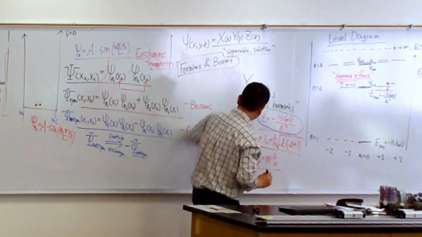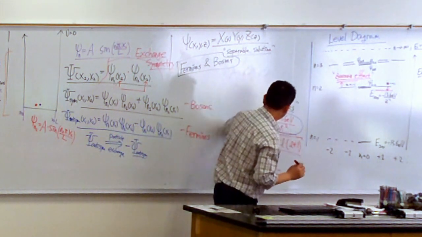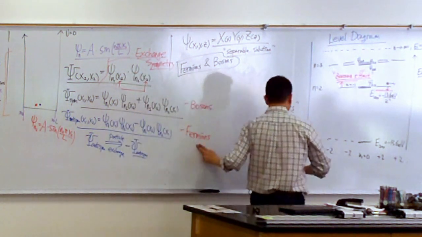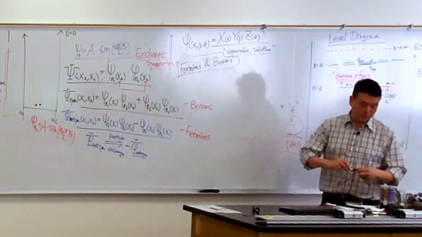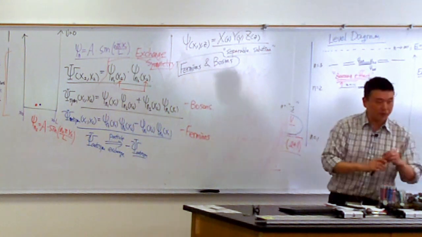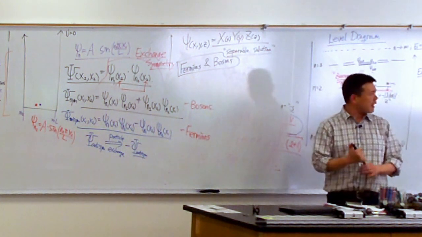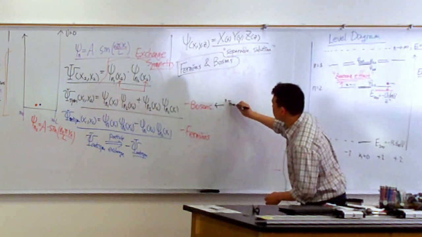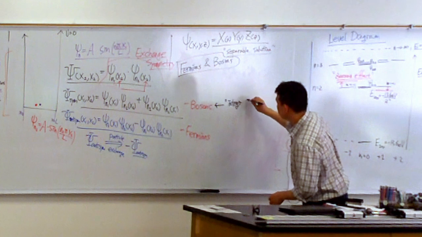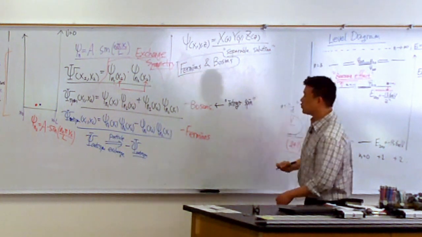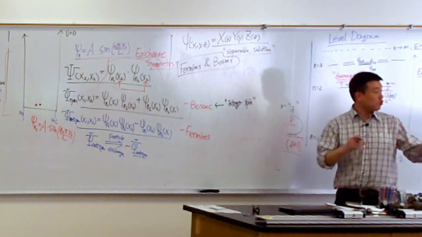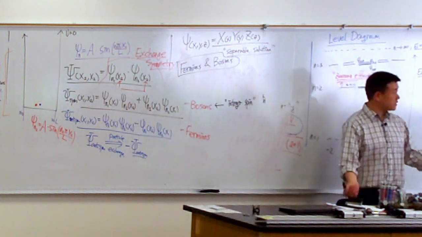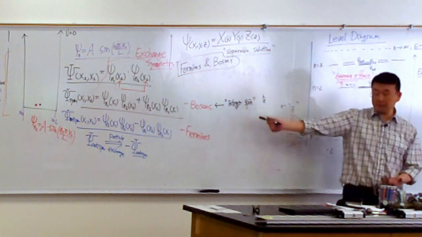But that's not the actual definition of a boson and fermion. Bosons and fermions are distinguished by their spin. I'm running out of time, so I'll just give the English description, and we'll talk about them more probably on Thursday, maybe in the lab. Bosons have what's called integer spin, meaning the magnitude of their spin is an integral unit of h bar. A photon is a boson, with integer spin h bar.